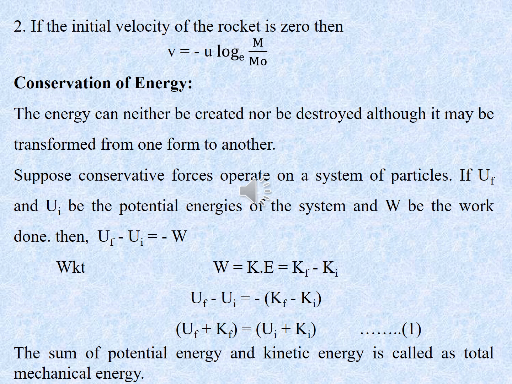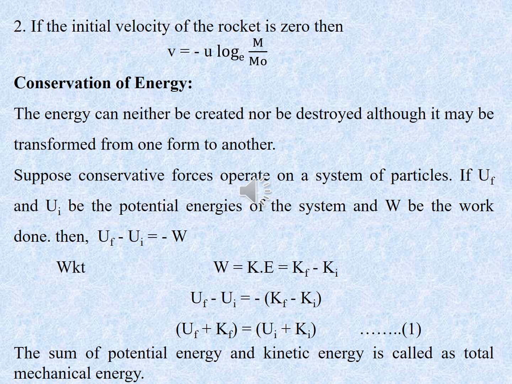If UF and UI are the potential energies and W is the work done, then UF minus UI is equal to minus W. But by the work energy theorem, the total work done is equal to the change in kinetic energy. So W is equal to KE, that is equal to KF minus KI.